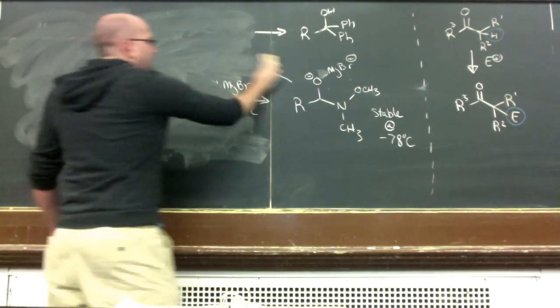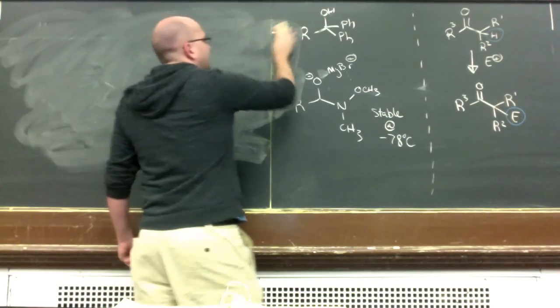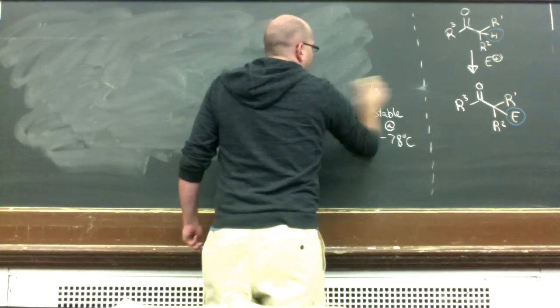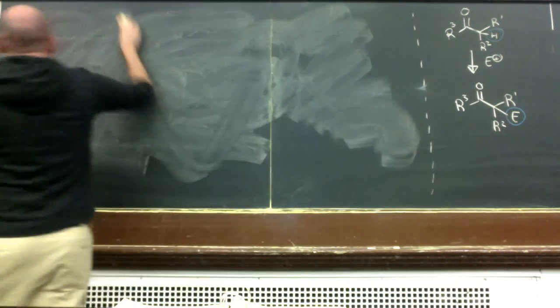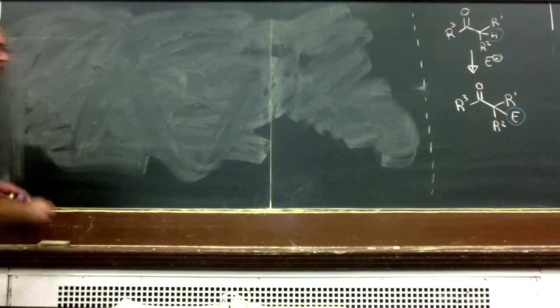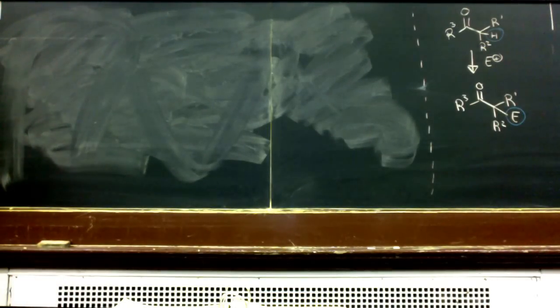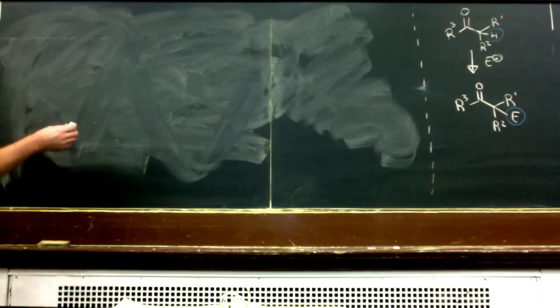Now, we've seen some semblance of enolate chemistry in Organic 1 to an extent. Those of you who took it with me might have seen it a little bit more because we did skip ahead a bit just to introduce these things.